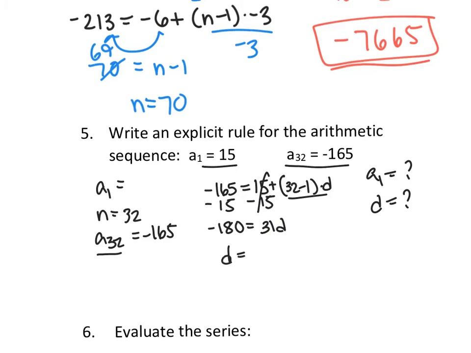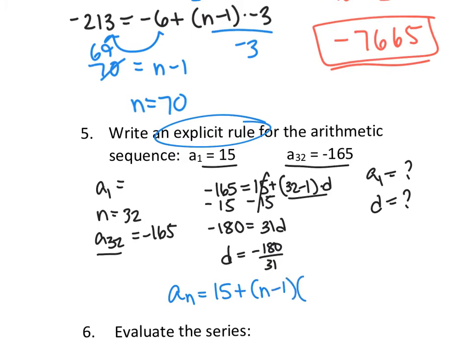So d is negative 180 divided by 31. So my explicit formula or rule is going to be a sub n equals the first term, which is 15, plus n minus 1 times d, which is negative 180 over 31.